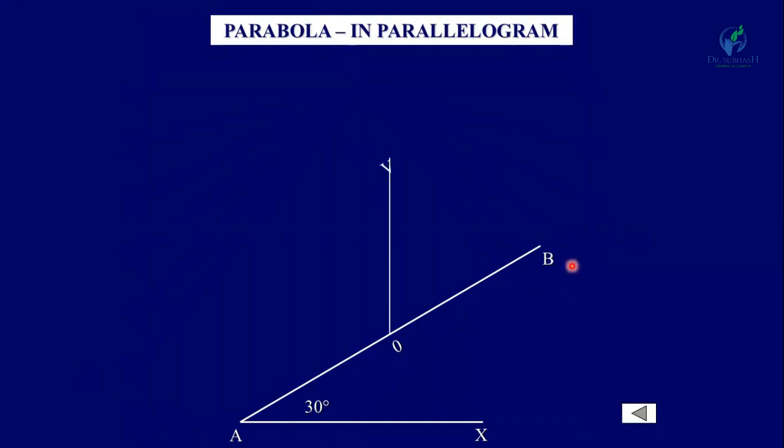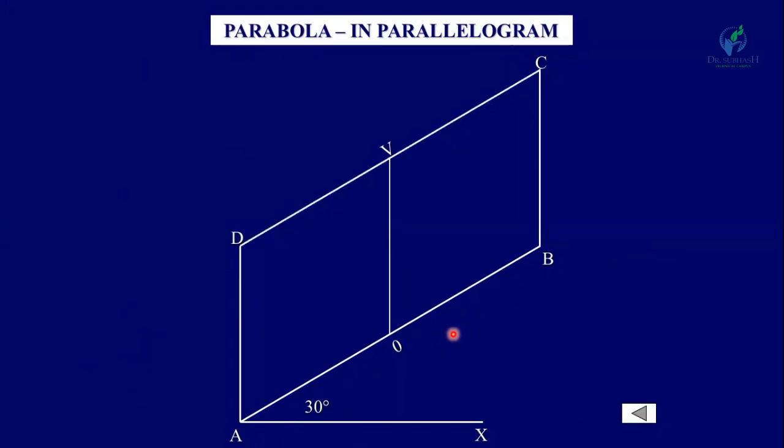Now from this O draw a vertical line as per the height of this parabola and get the vertex V. Now complete the parallelogram ABCD. Now mark the points from O to B: 1 dash, 2 dash, 3 dash, 4 dash, 5 dash and 6 dash.